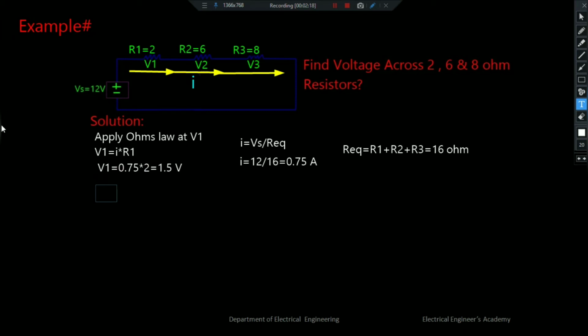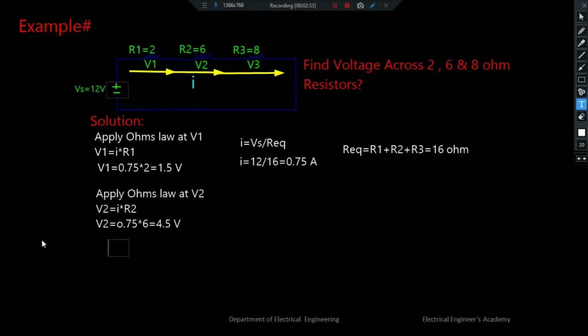Similarly, I apply Ohm's law at V2, so that V2 is equal to I into R2. So here V2 is equal to 0.75 into 6, which is equal to 4.5 volt.